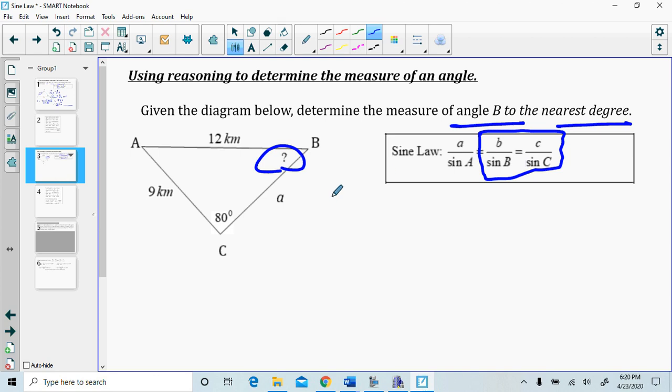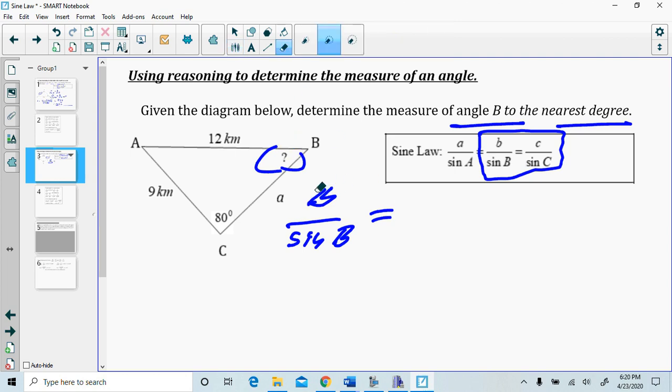Okay, so we'll start by going B over sine B. Remember the B is a little b, it's a lowercase b. As we're just correcting this here, lowercase letters are used for the side lengths of the triangle. Uppercase for the angles.